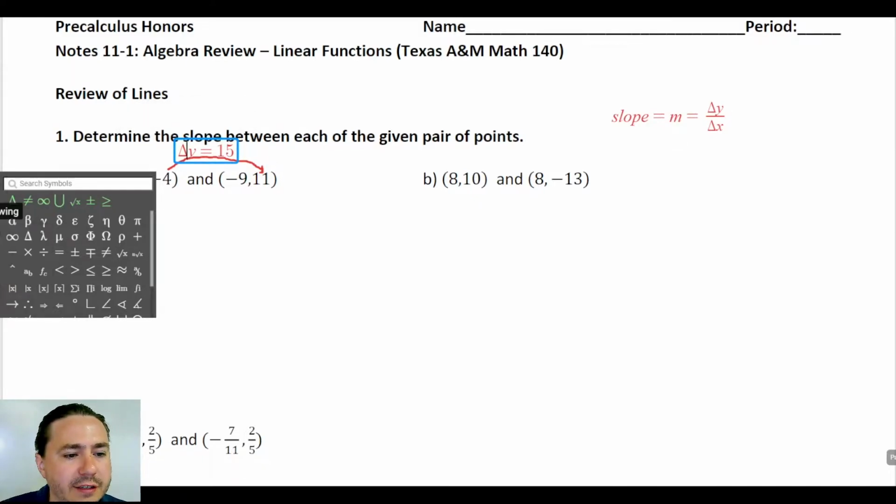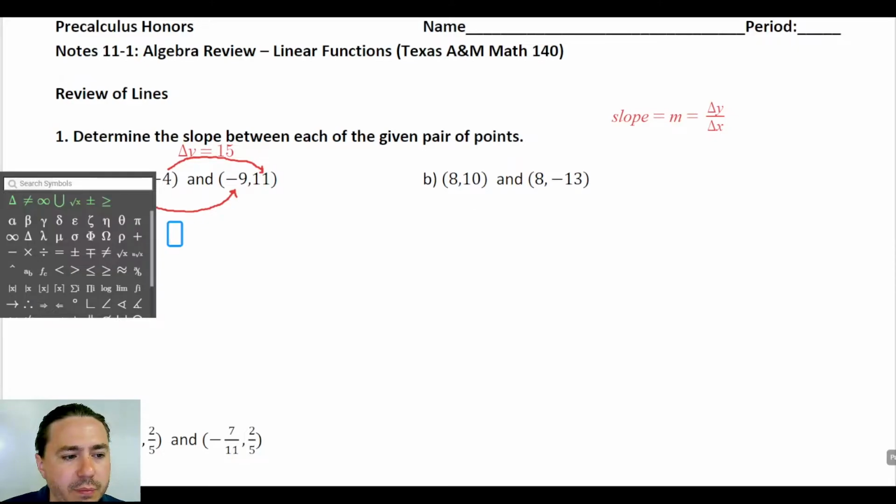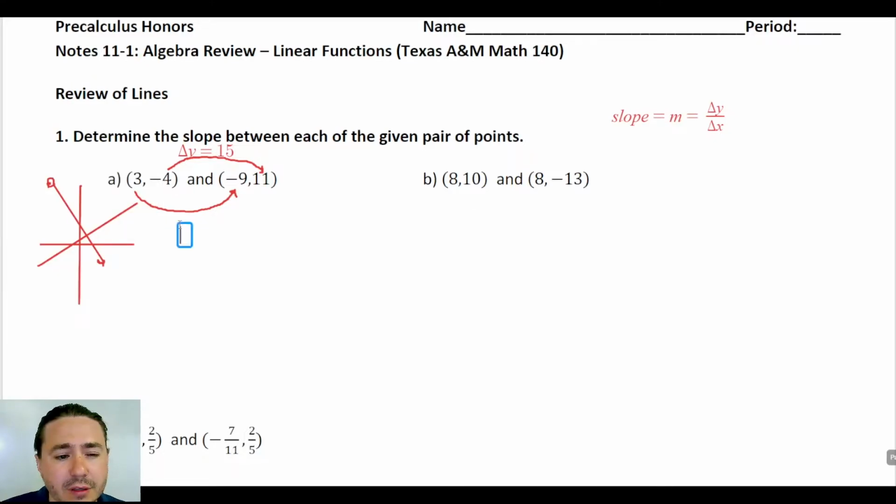My change in x here, from 3 to -9, I would have to subtract 12. So my change in x is going to be -12. And we should be expecting a negative slope, going back to my quick sketch here.